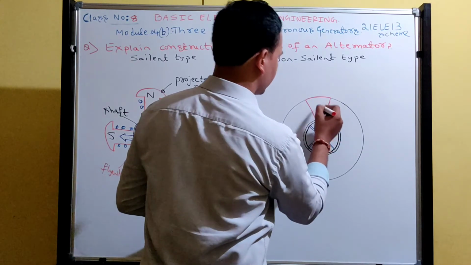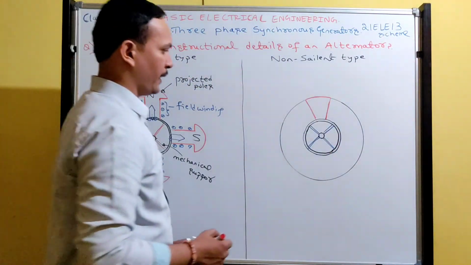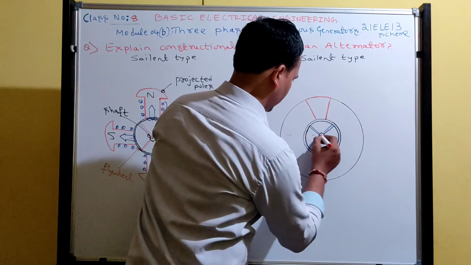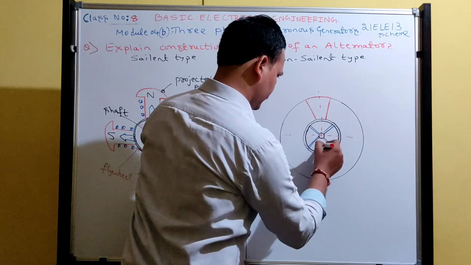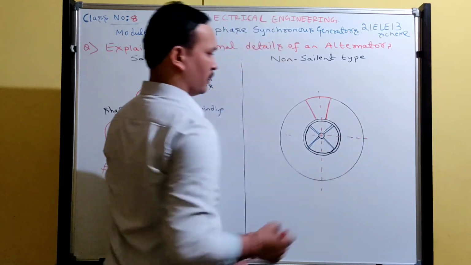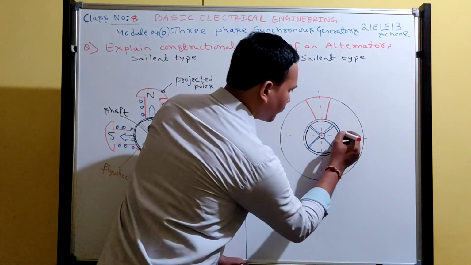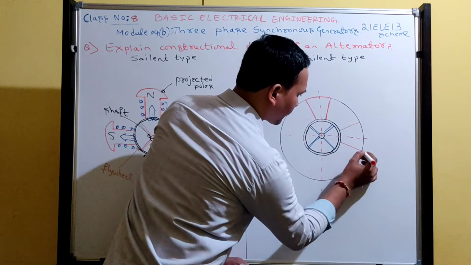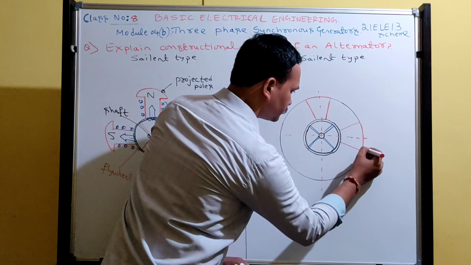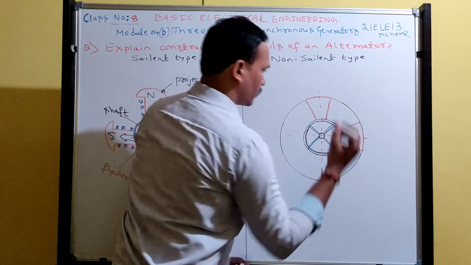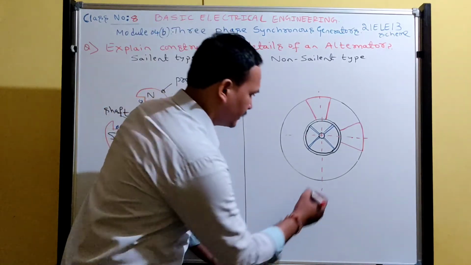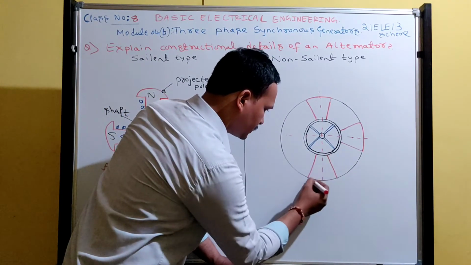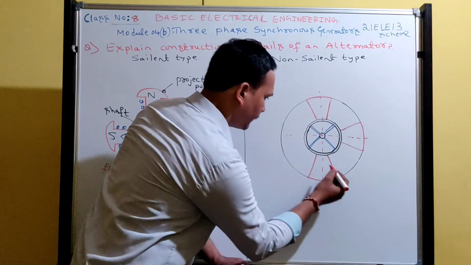What I am writing now is called the main pole. You write on all four sides. Let me write the quadrant diagram like this for better understanding. Now this side also you write like that. Like that you write all four sides. These are called main poles.